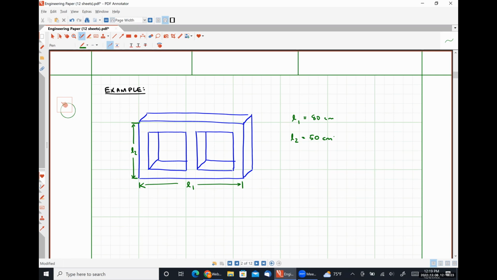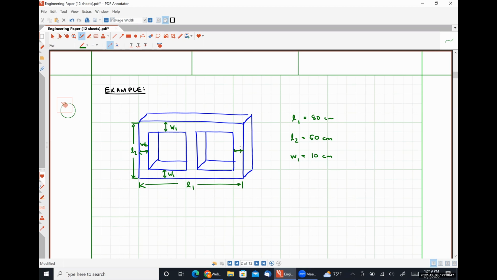Let's call this dimension W1. We'll also call this guy right here W1, where W1 is 10 centimeters. Let's call this dimension W2.